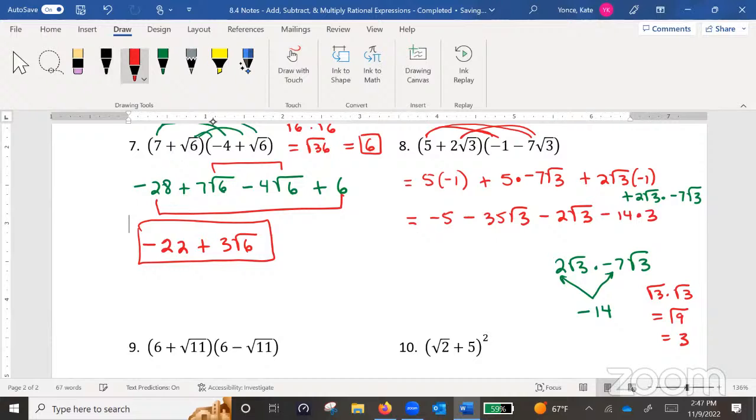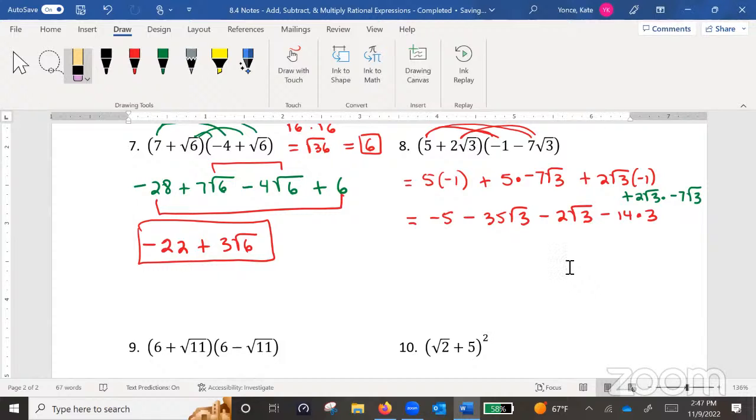Again, 2 times -7 gave us the -14, and square root of 3 times square root of 3 is 3. Everybody get that? No? Okay. Let me do it. If the radicals are both the same, then the answer is the number inside, not the radical of that. Yes, square root of 3 times square root of 3 is just 3.